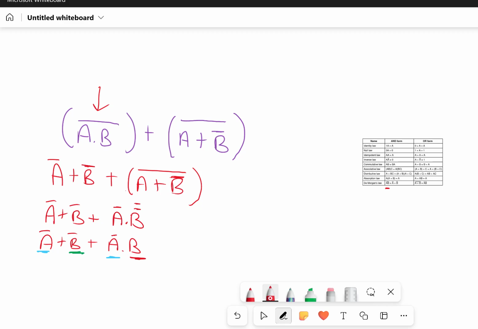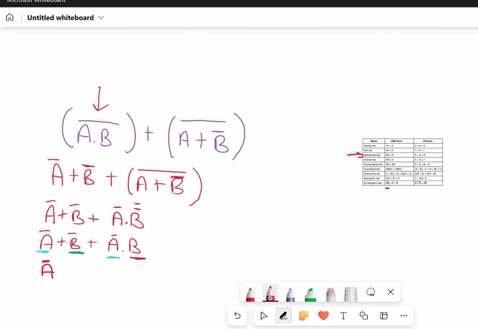We have an A. So I'm going to replace this with an A. It meets our laws, our rules. Now I'm going to make this not A still, so we can see it, this rule here.